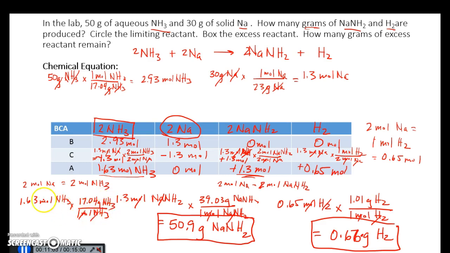These cancel out, and my answer works out to be 27.7 grams of NH3. So that allows me to figure out the grams of each one.